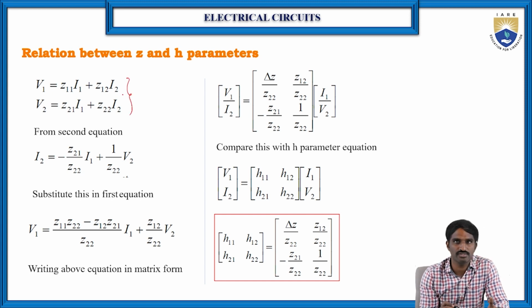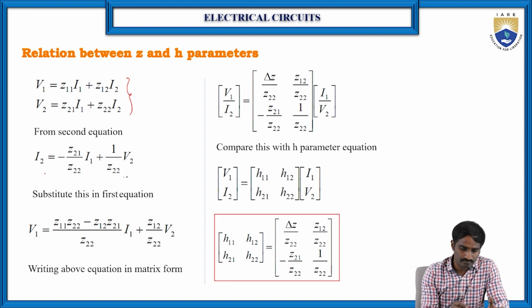So we should find V1 and I2. The V1 equation is already there, but we need to find the I2 equation, so that in the same way, if we compare these two equations, then we can make the relation between the h parameters and the z parameters, right?